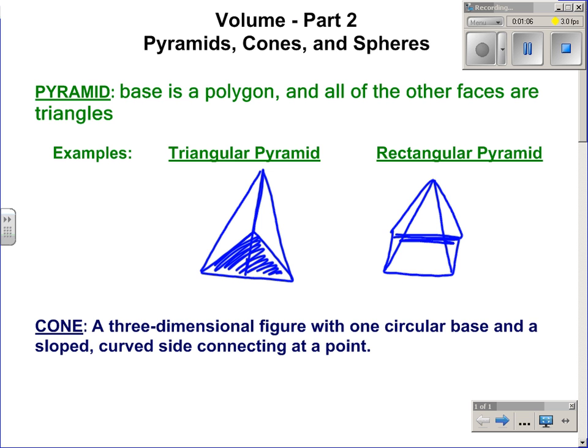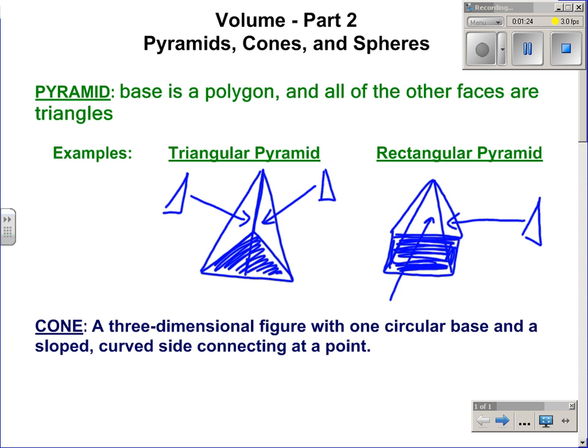And here we have our rectangular pyramid because the base is rectangular. Again, all of the faces end up being triangles here. Even with the one that's a rectangle base, all the faces are triangles. All right, so that is our definition of what a pyramid is.